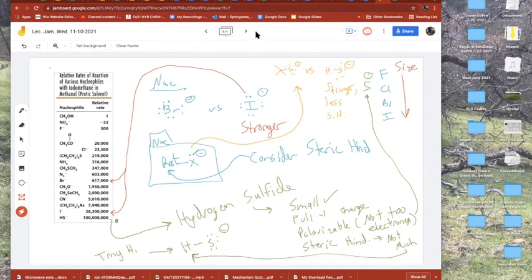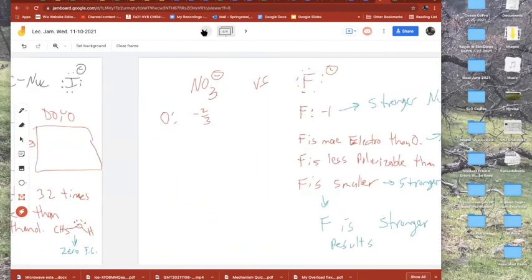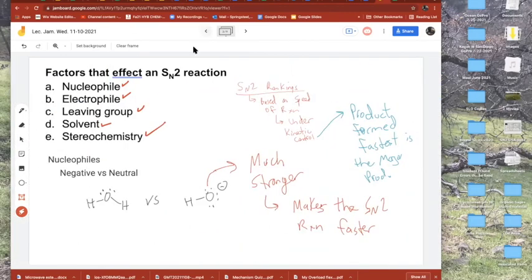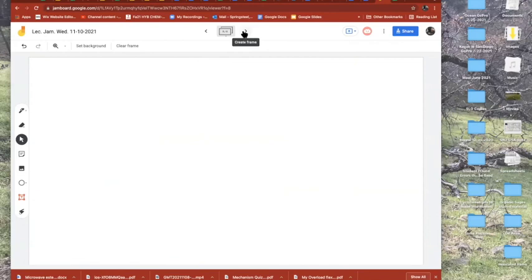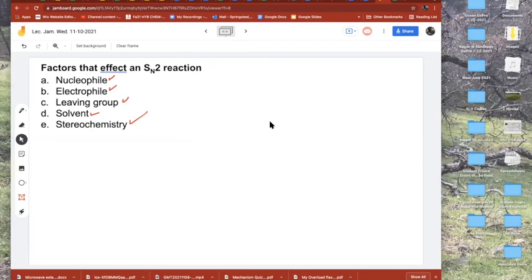All right, and now I'm going to talk about the rest of the SN2 categories. We covered nucleophiles. Now we're going to cover electrophiles. For electrophiles, it's pretty easy to understand. Nucleophiles are the ones that take the longest time to talk about.